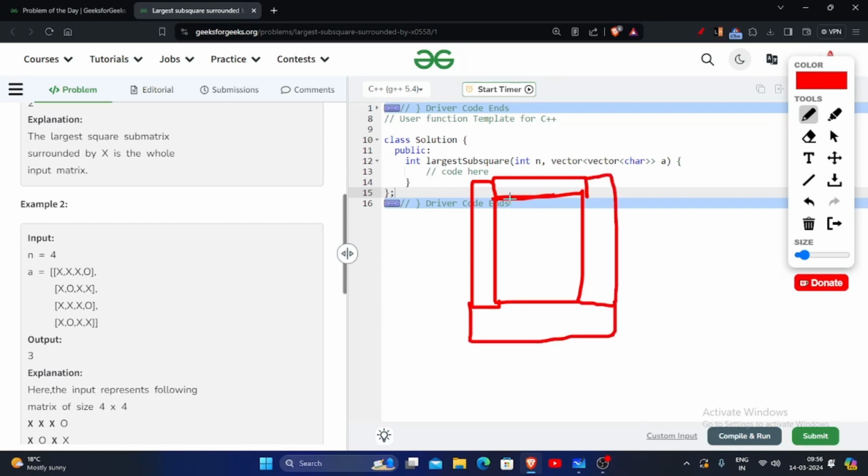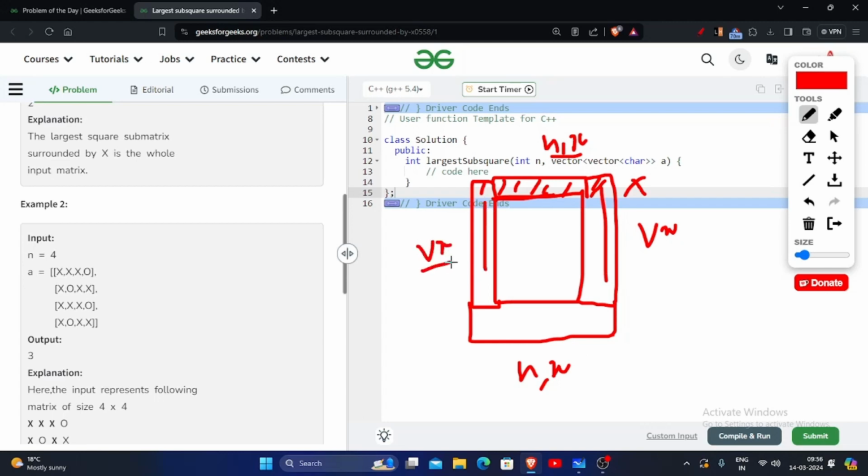Can I get the number of X in this row? We need something like that only. If I am considering this boundary, I need to know the number of horizontal X for this row and number of horizontal X for this row, number of vertical X for this column and number of vertical X for this column.